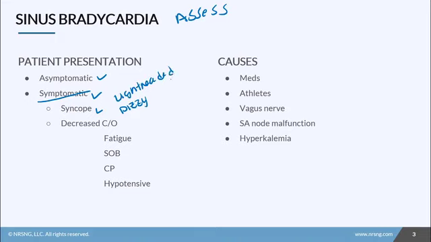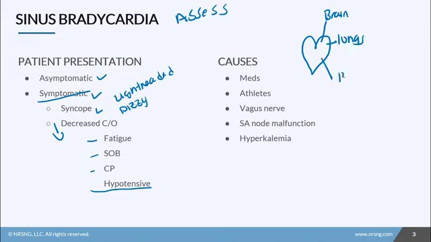This also causes decreased cardiac output. When they have a decreased cardiac output, they have fatigue, shortness of breath, chest pain, and they usually become very hypotensive. So basically, here's our heart. And the heart pumps blood to the brain, to the lungs, to the body, and then to the heart itself.